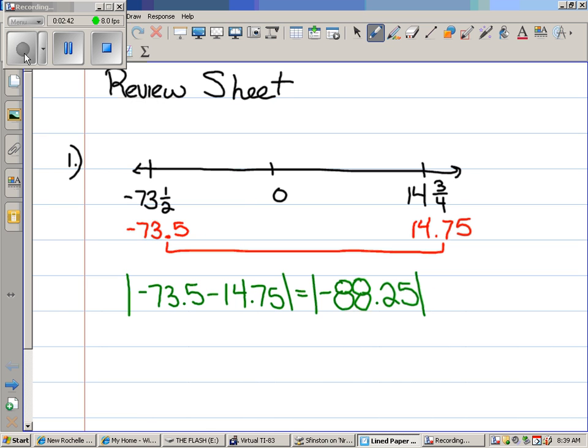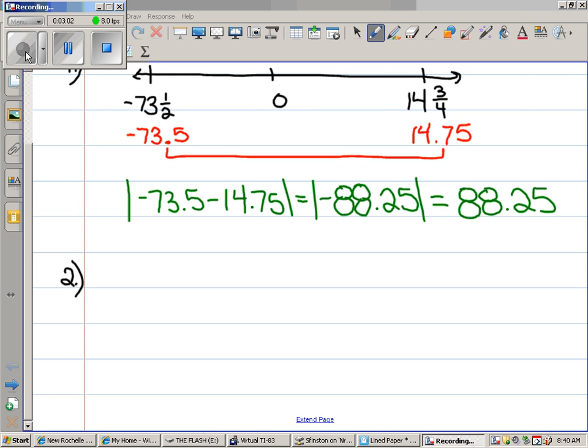What's it bigger by? 88.25. Does that make sense to you? It does? If it doesn't make sense to anybody else, I could show you another way, but otherwise we'll stick with this.